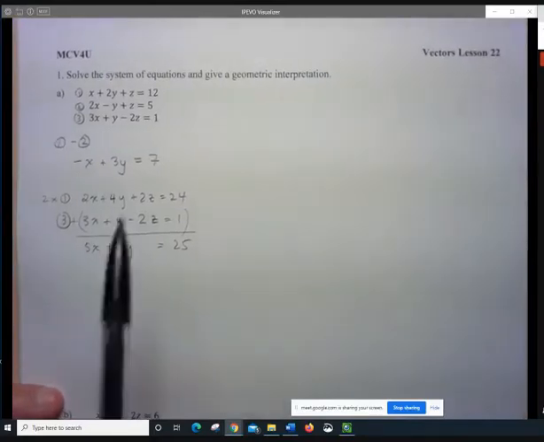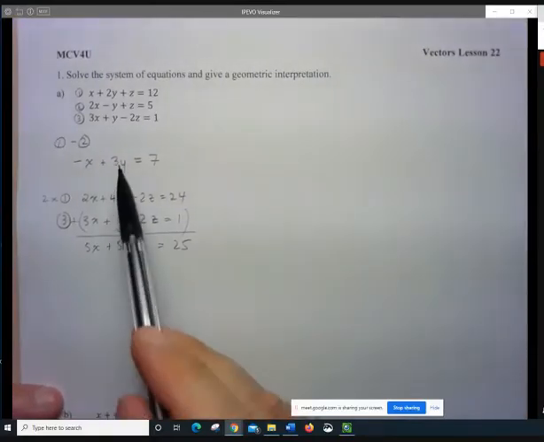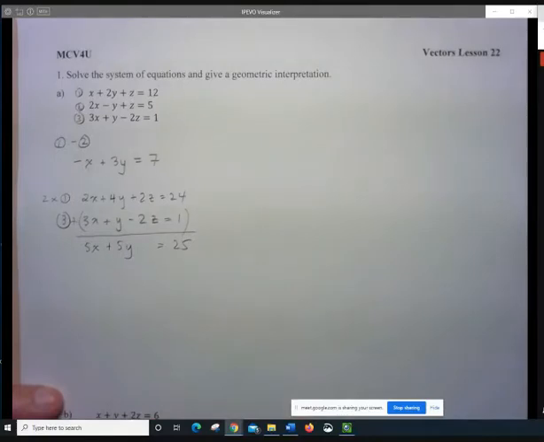So what can I now do with these two equations in x and y? Well, I've just created a new system of two equations in two unknowns. Exactly. I'm going to solve this the way I normally solve a system of two equations in two unknowns.